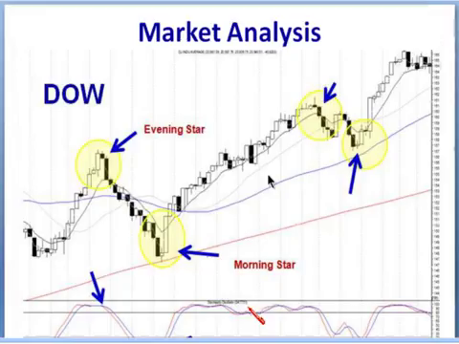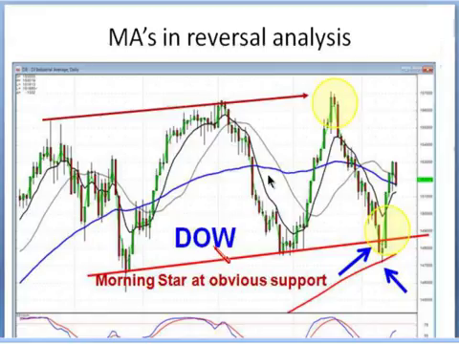So if you're analyzing the indexes, evening star signal, morning star signal, smack dab off the 200. Shooting star, close below the T-line. Morning star signal. So you've got a fairly clean roadmap of when to be buying and selling, whether you're trading off a trend channel. You can see where the buys and sells are. There's your morning star signal bouncing off the 200, right smack dab here on the bottom of this trend channel.